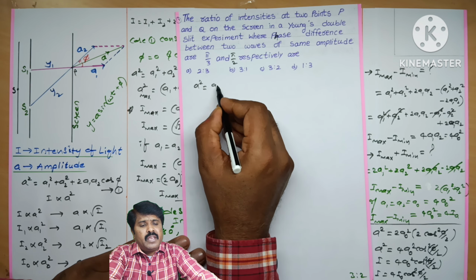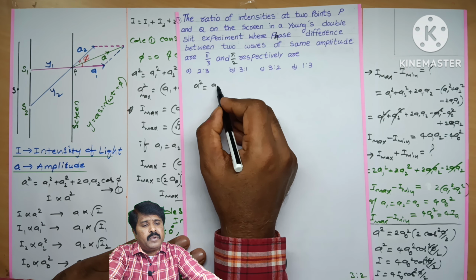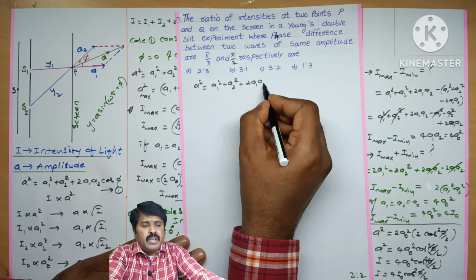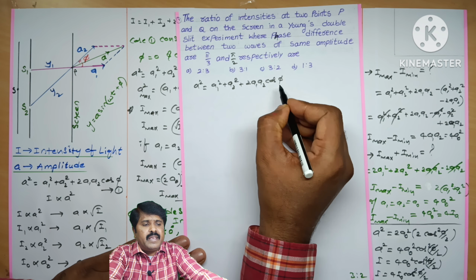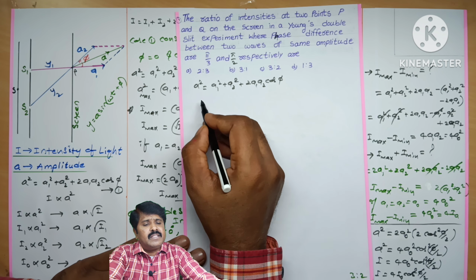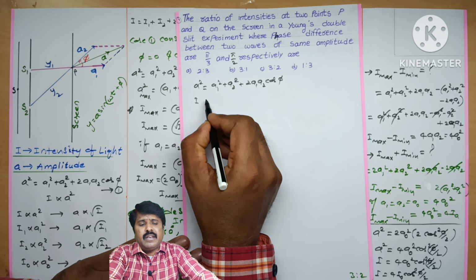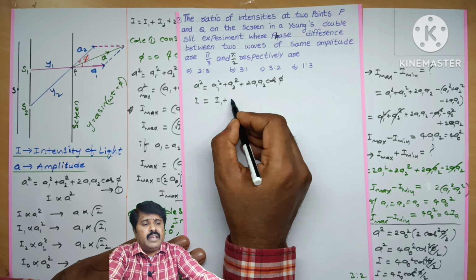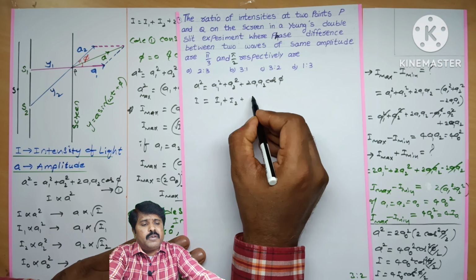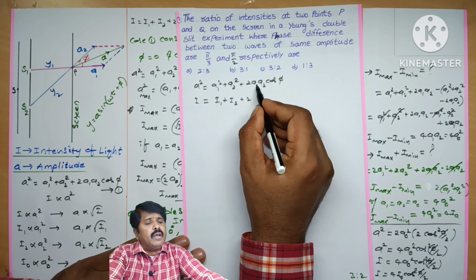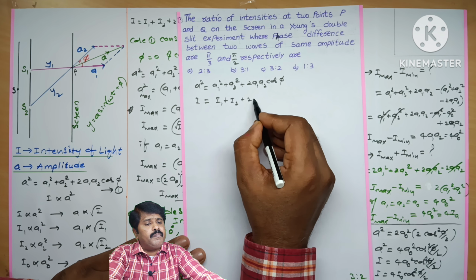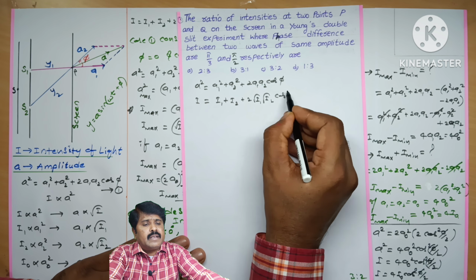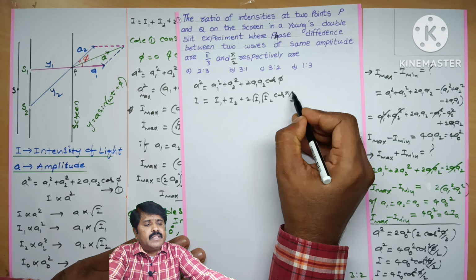so I am using the first equation, that is A square, which is equal to a1 square plus a2 square plus 2 a1 a2 into cos phi. Okay, in this equation I am writing this is intensity I, which is equal to I1 intensity and I2 intensity plus 2 into root I1 and root I2 cos pi by 3, that is cos 60.